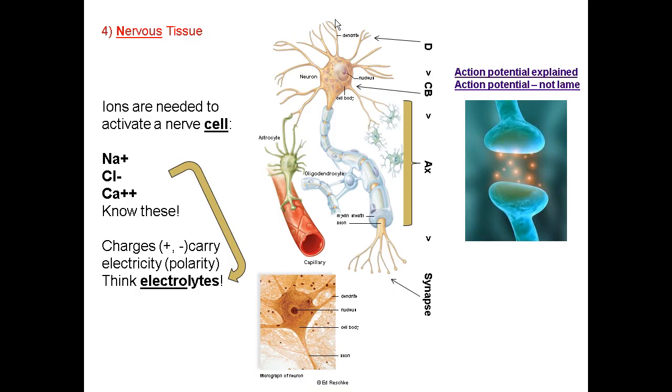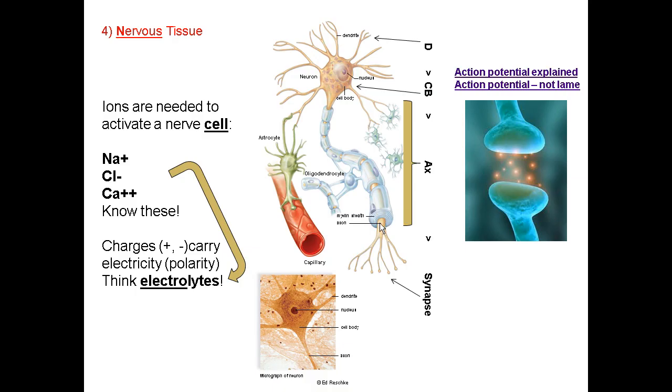So stimulus flows around, knocks open the sodium channel, sodium rushes in because it's negative inside, and this action potential goes all the way down the axon, kicking open protein channels till it gets to the end here, and then it will knock open the calcium channel.